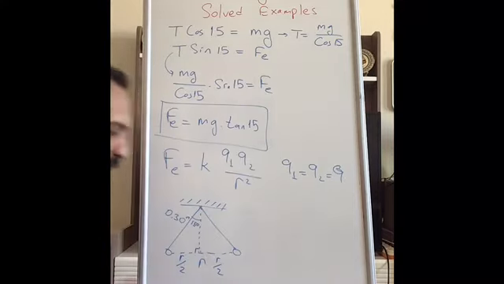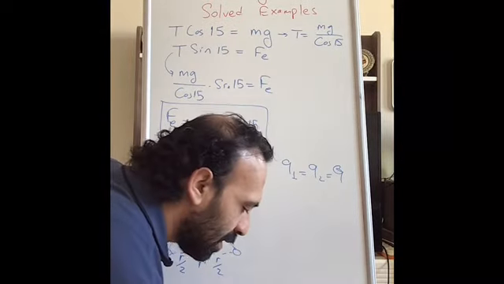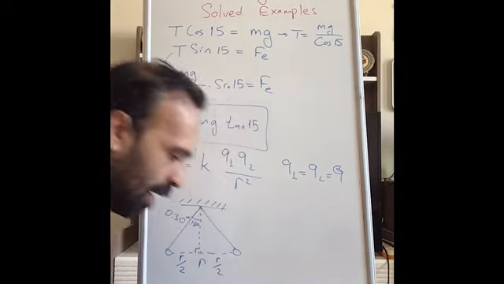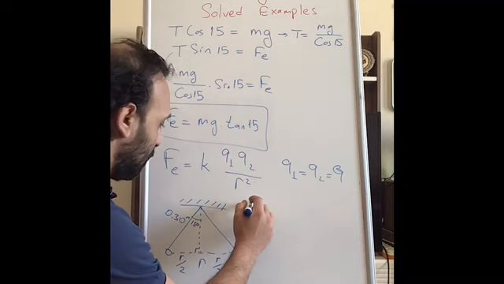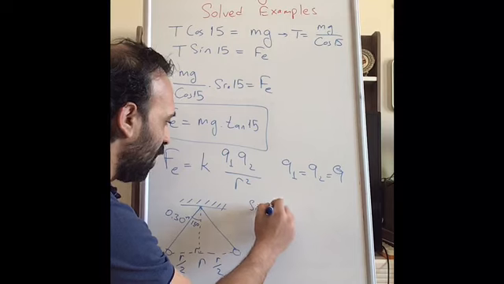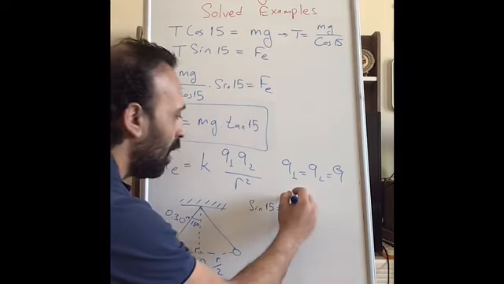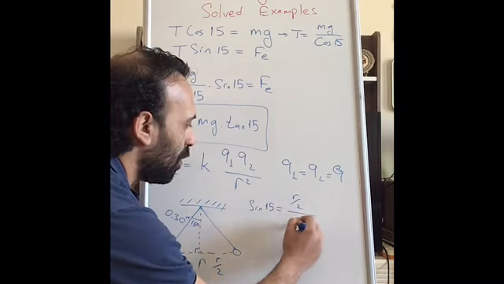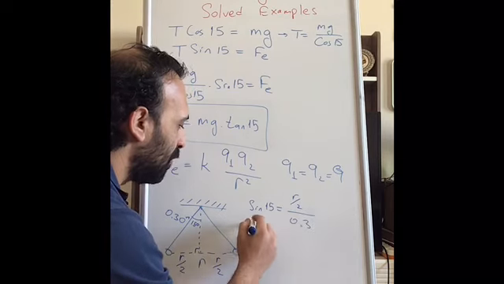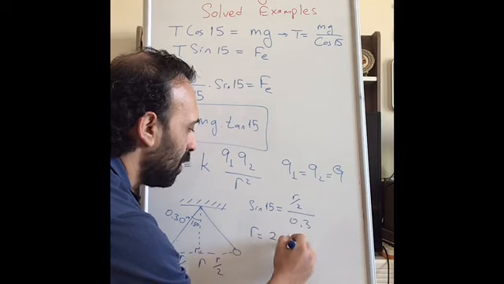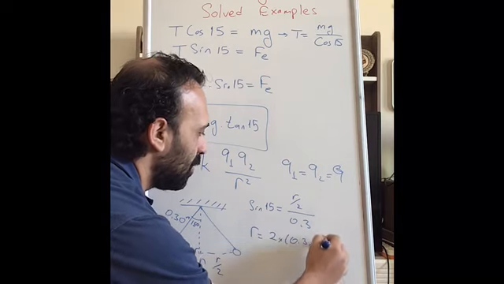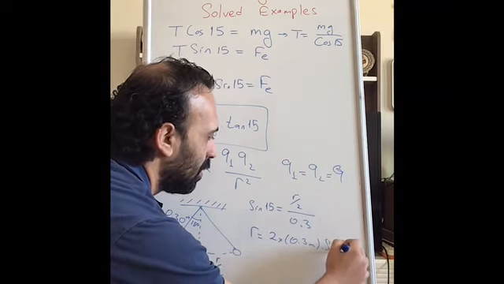let me just follow my notes. By using the geometry here, the sine of 15 will be equal r half over 0.3, or from here r will be equal 2 times 0.3 meter times sine 15.